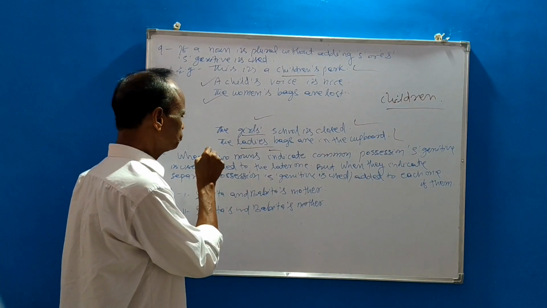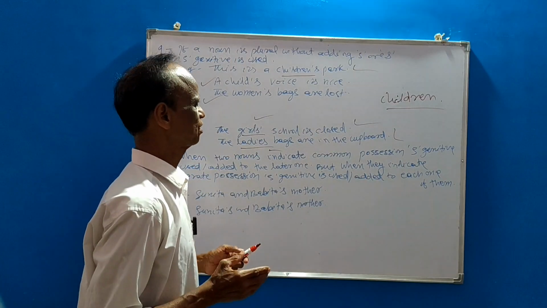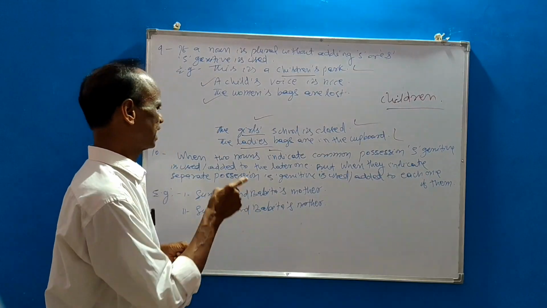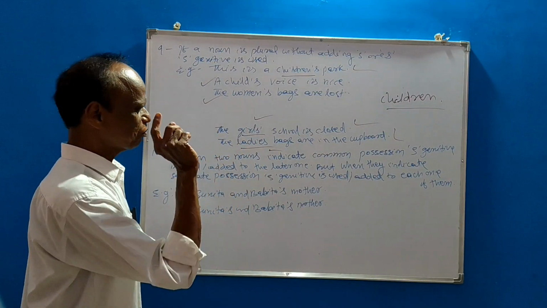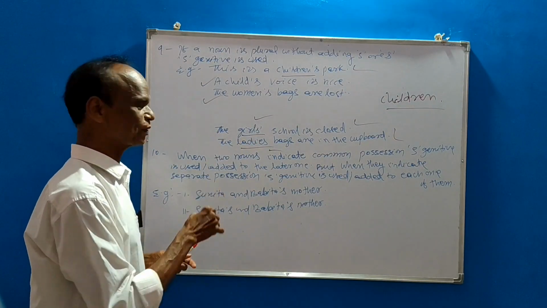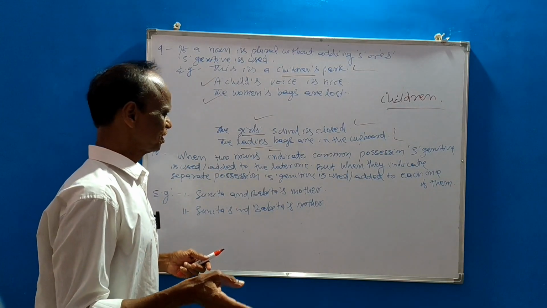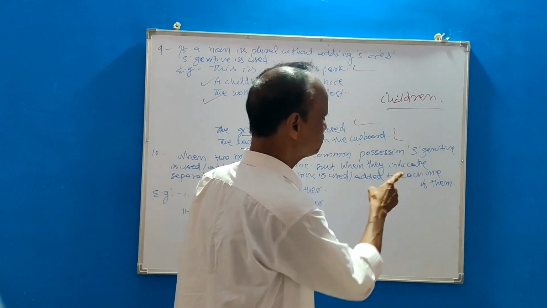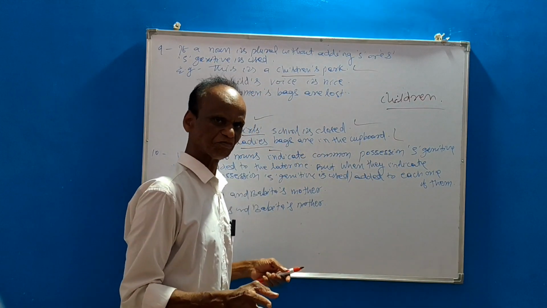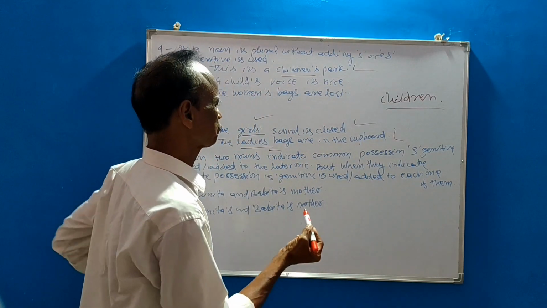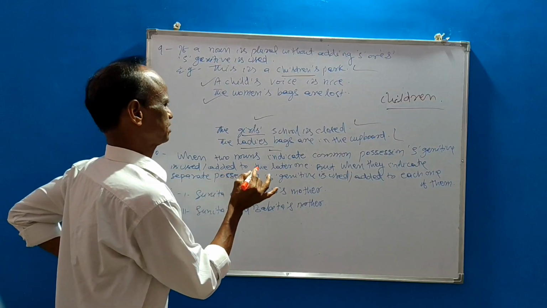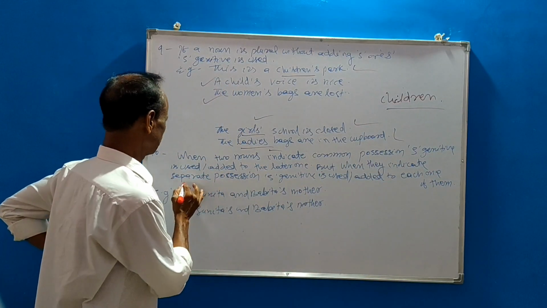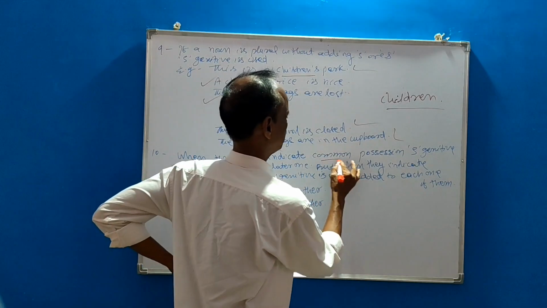Next, when two nouns indicate common possession, S genitive is added to the latter one. But when they indicate separate possession, S genitive is added to each one of them. Okay? So that is common possession, and that is separate possession.